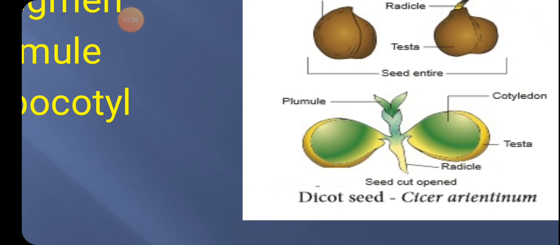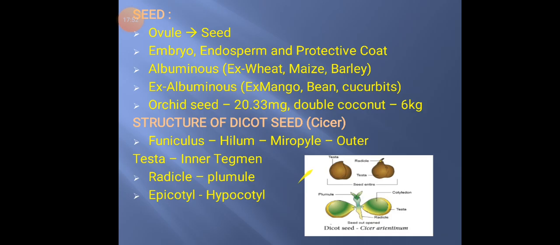Above the level of the cotyledons, the length of the axis is called the epicotyl, and below the level of the cotyledons, the length of the lower region is called the hypocotyl. So these are the internal structures of a whole dicot seed.